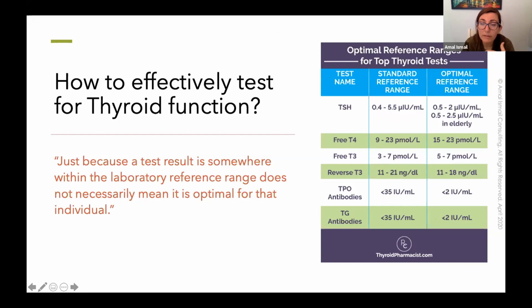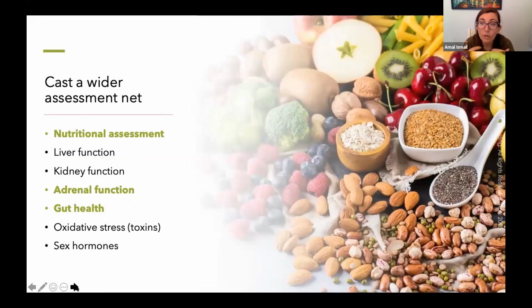And remember that there is individual variability, and we need to take the patient's story, your story, as we assess the test. You have to put it in context. We also cast a wider net in terms of our assessment. So again, we look at not just physical signs, but we test in the serum and in the urine your levels of key nutrients. We look at liver function, kidney function.